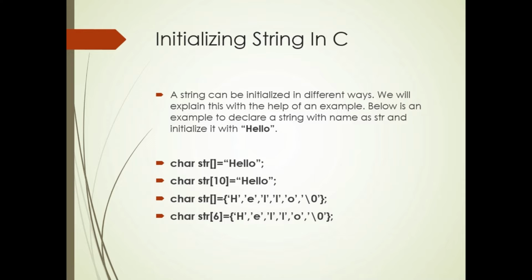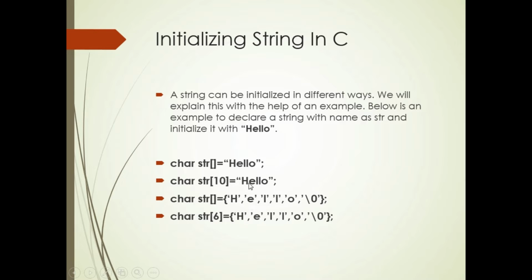Here are some different forms through which you can initialize the string. As we have taken the example of hello, you can also declare it as char str[], where str is the name of the array, and here we have not mentioned the size, so it will directly fetch the size from the declaration, that is hello. So the total number of characters is 5 and one more null character, so its size is 6. Here we have declared char str[10] and we have initialized it with hello.